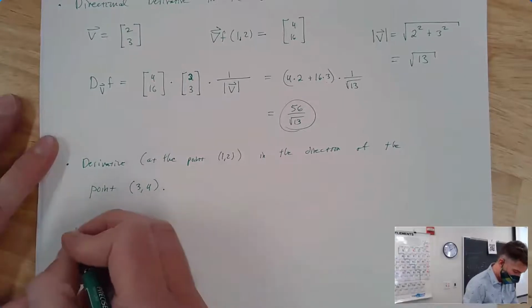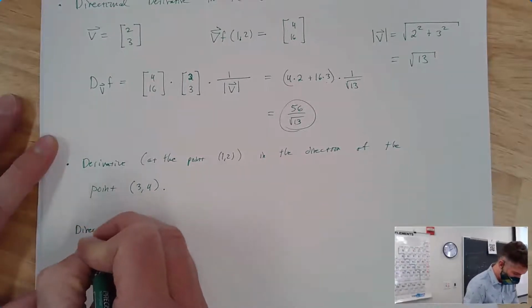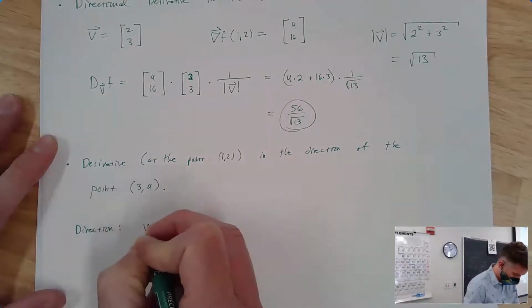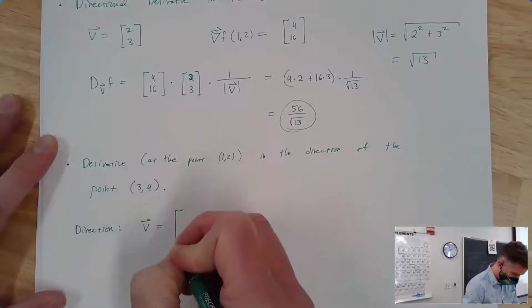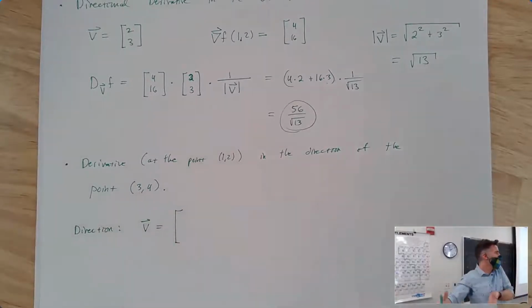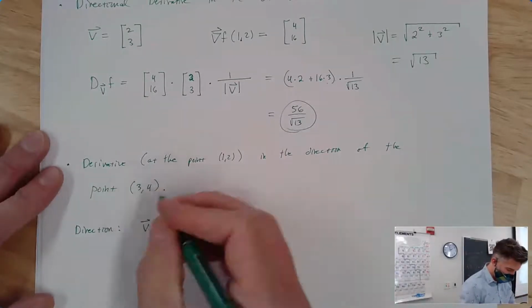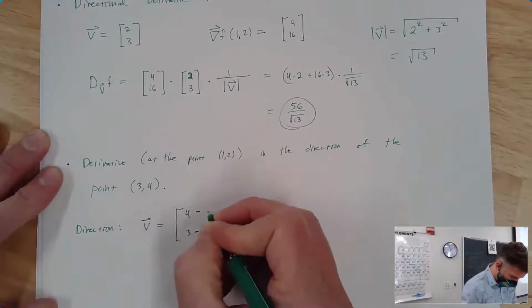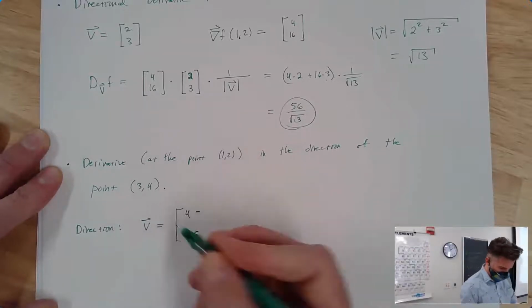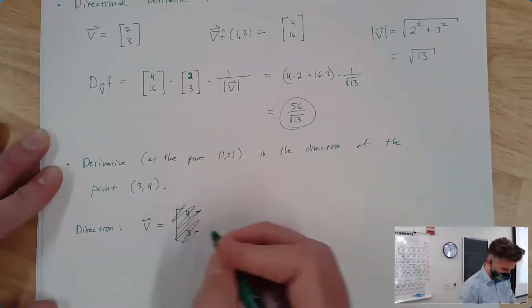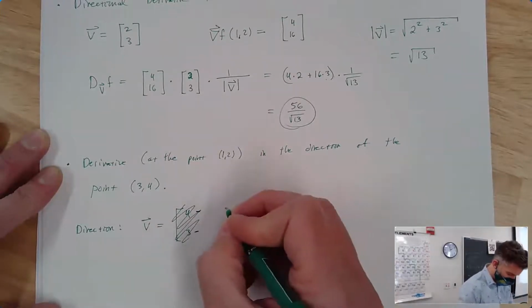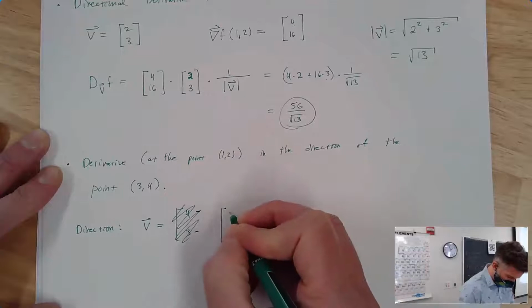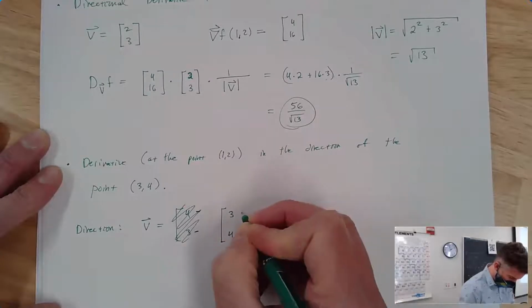So the direction vector, if you will, is always the place you end up minus the place you started. So it's going to be the end point minus the beginning point. So they wrote it totally the wrong way. Wow, that's terrible. Why would I write the y coordinate first? Your end point minus your beginning point.